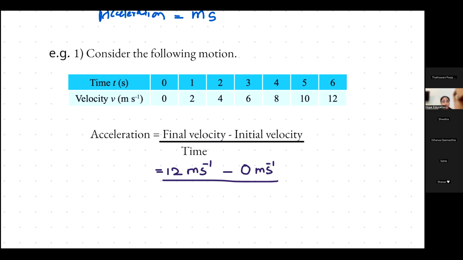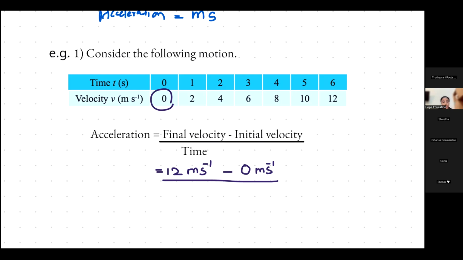Yes. Is it compulsory to include initial velocity with the final velocity? Yes, miss, it is compulsory. Now here in this particular case, the initial velocity is 0, so it doesn't really make a difference. So you might be wondering, there is no point in putting initial velocity, right?